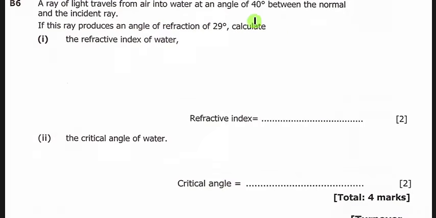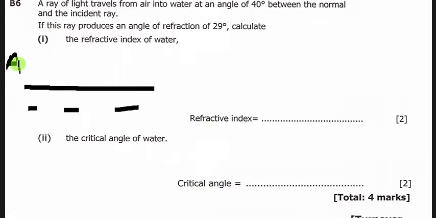Let me say here maybe we have a boundary, then here we have water, and this side we have air. So it is traveling from air going like this. Then it is making an angle of 40 with the normal.